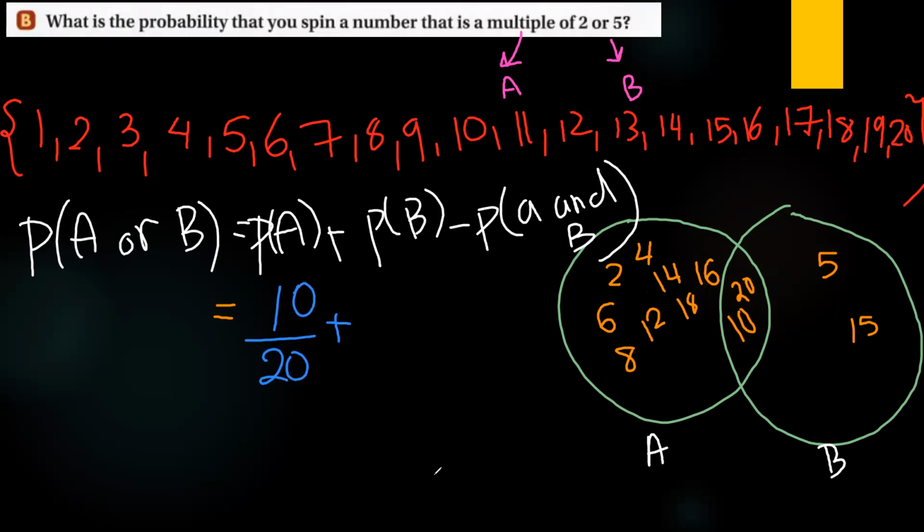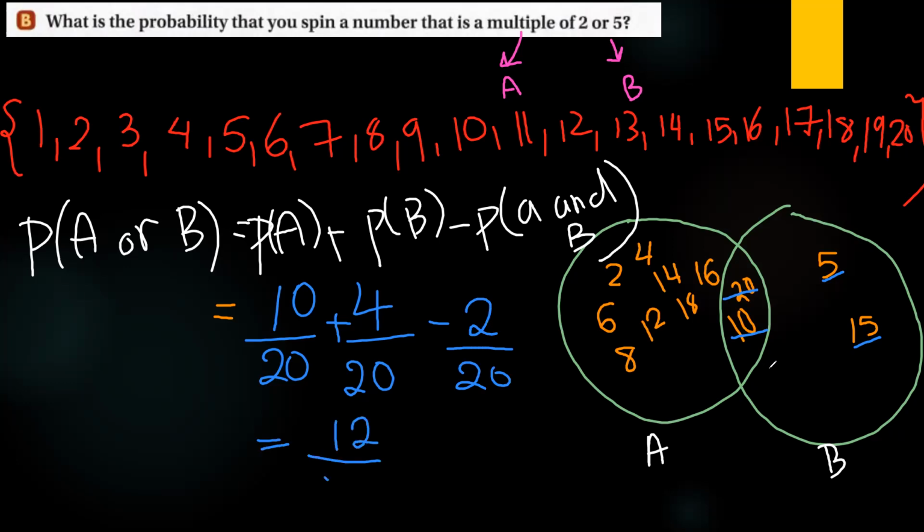Plus the probability of event B: 1, 2, 3, 4, so we have 4 numbers that are multiples of 5, 4 over 20. Now minus the numbers that are multiples of 5 and multiples of 2 at the same time. What are these numbers? 10 and 20, so 2 over 20. Then 10 plus 4 is 14, 14 minus 2 is 12 over 20.